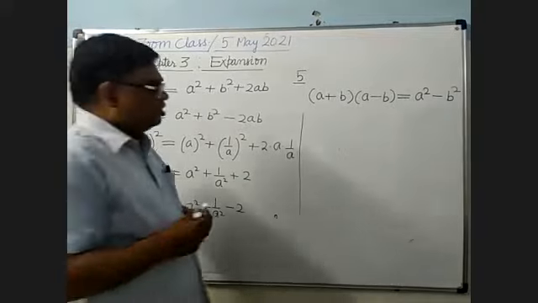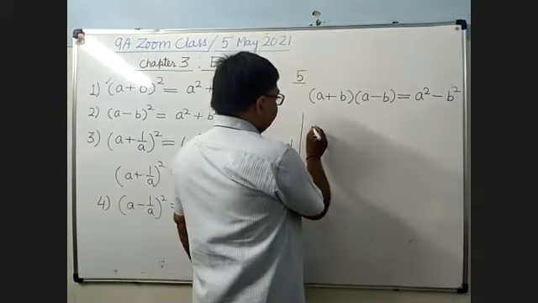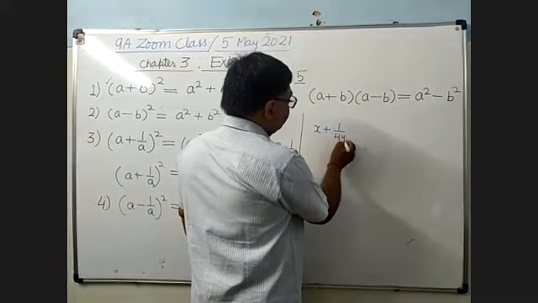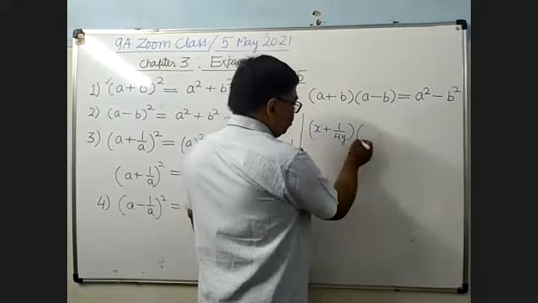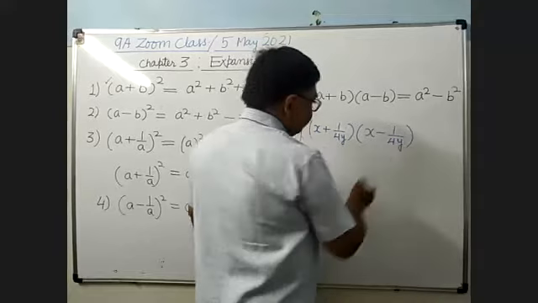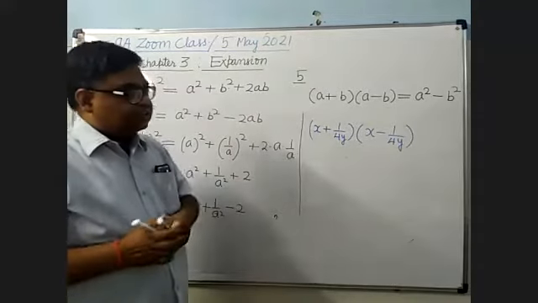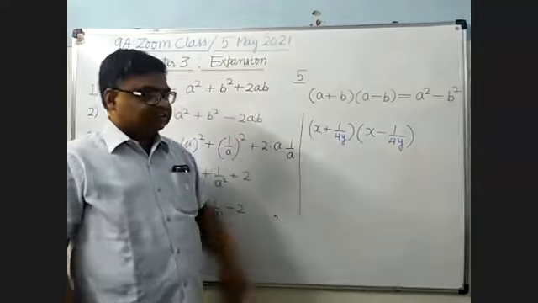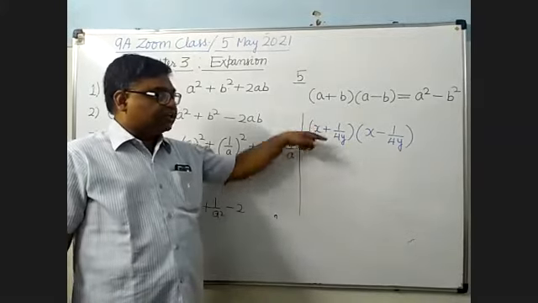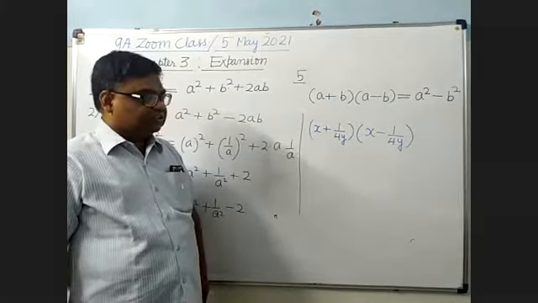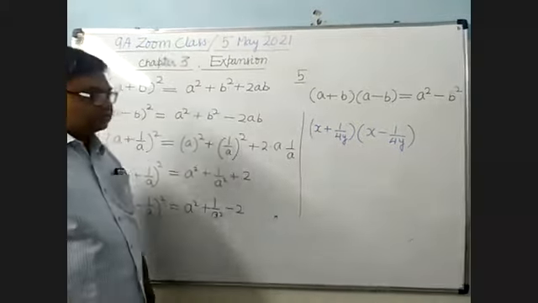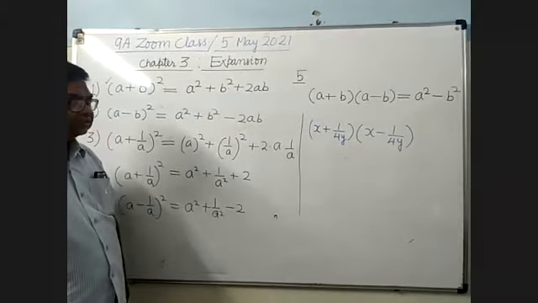For example, you can see here, suppose it is x plus 1 upon 4y into x minus 1 upon 4y. If you compare it, it is exactly like this. What will you get in place of a? x.